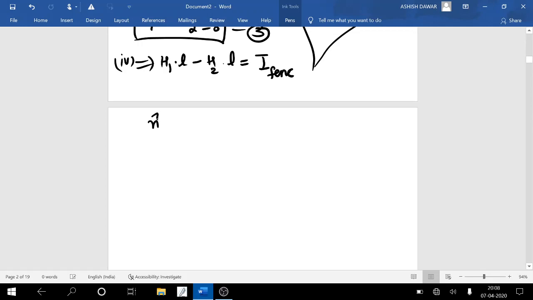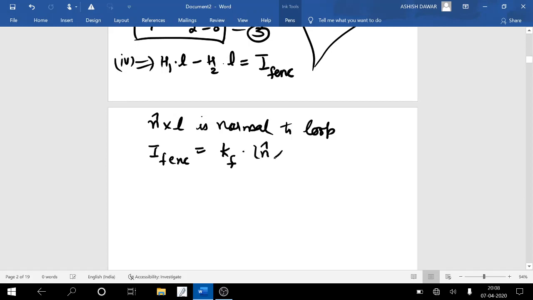So n cap cross L is normal to the loop. So total current is equal to Kf dot n cap cross L, and if we replace the dot and cross products, what do we get?